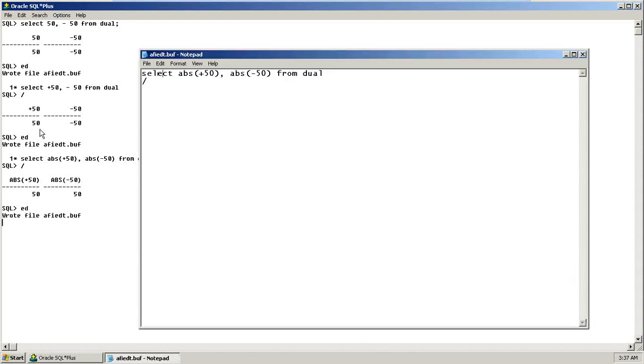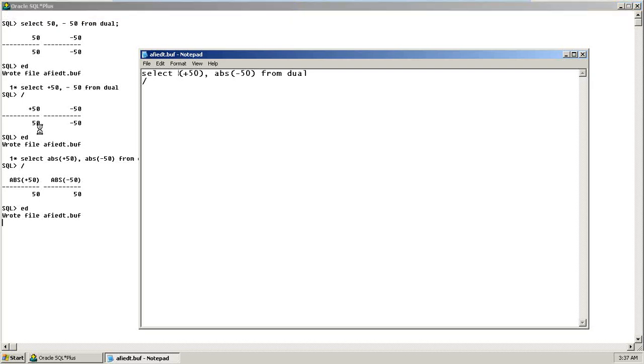And you have another function, SIGN, to know about the sign of the number. Sign of 50. Sign of minus 50. Sign of 0. So it gives you the information whether it is positive, negative, or 0.